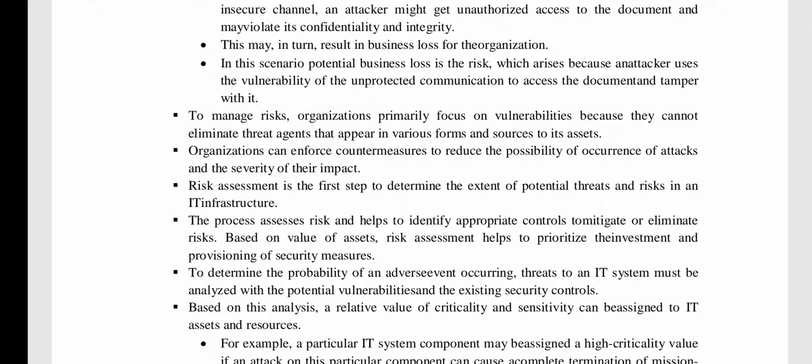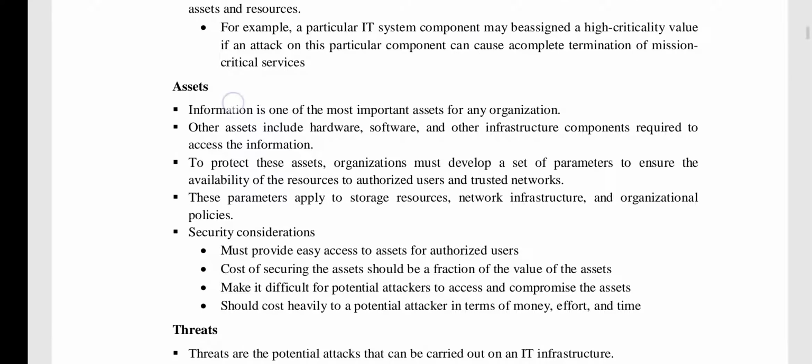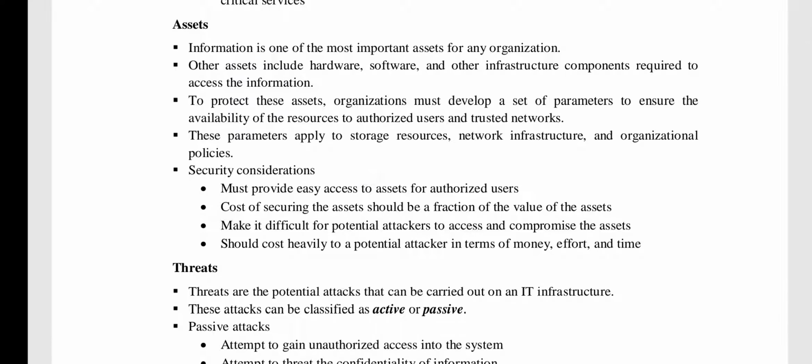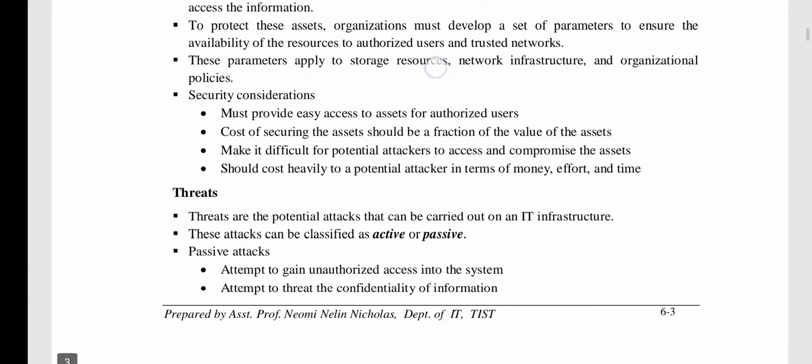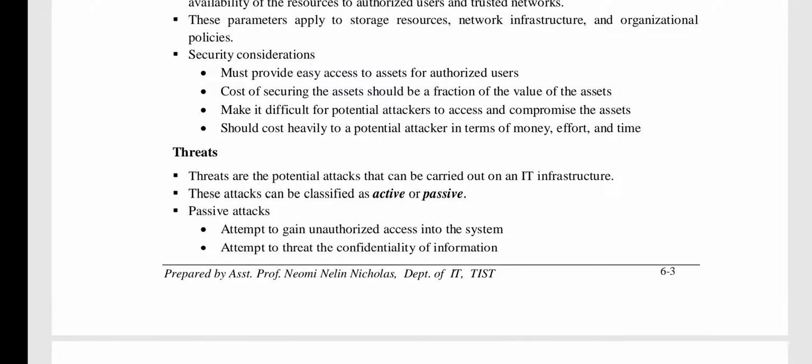Then risk assessment is the first step to determine the extent of potential threats and risks in an IT infrastructure. So there must be risk assessment in your organization. Then mainly assets: information is the most important asset, and it also includes hardware, software, infrastructure components, and so on. Security considerations must provide easy access to the assets for authorized users.